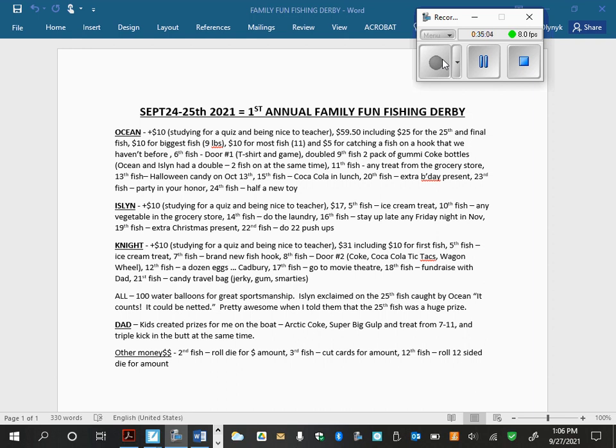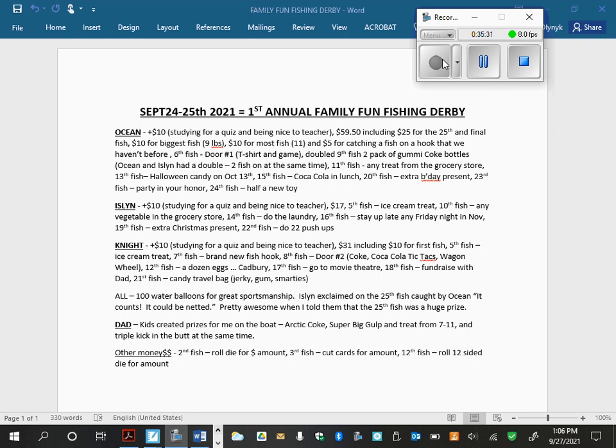Night, brand new fish hook, door number 2, which was a Coca-Cola Tic Tacs and a wagon wheel. A dozen eggs. So after they looked at me weirdly, I said, yeah, they're Cadbury eggs. Go to the movie theater and fundraise with Dad, and he got a candy travel bag with that stuff in it. So we had a blast, and then I gave them 100 blow-up water balloons for fun.